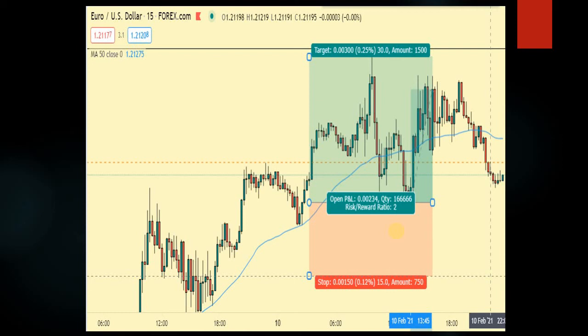When you hear sniper entry, it is simply telling us that the stop loss pips is very tiny compared to a very large take profit pips. So a sniper entry simply means a very high risk to reward ratio.